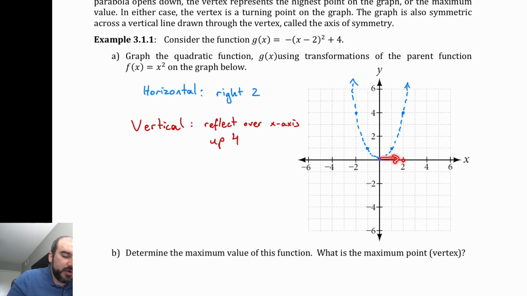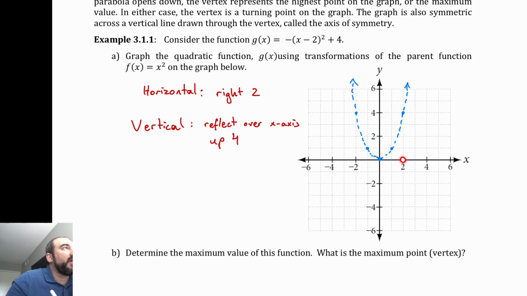So let's do our new graph here, where we shift all of the points right 2, and then we're going to reflect over the x-axis, and then we're going to shift up 4 units, right? So if I take a point 0, 0 and shift it to the right 2, it ends up here.